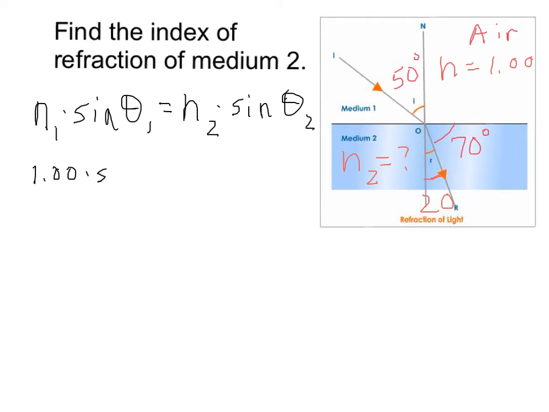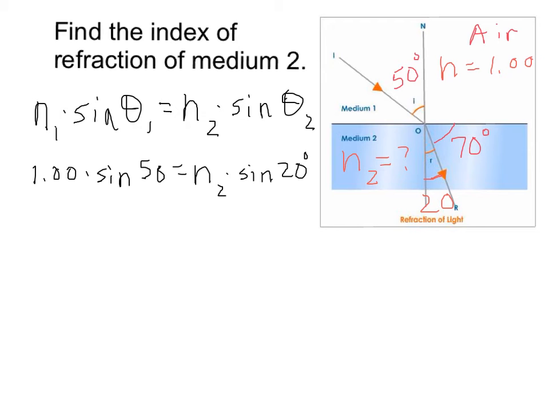And then you put in the sine of the angle. And the angle must be the angle that's being made inside the air. So that's the incident angle, and that's 50 degrees. And then on the other side, we have our unknown index of refraction n2 times the sine of the angle that we're making in that medium. And remember, that's going to be 20 degrees, not 70 degrees.